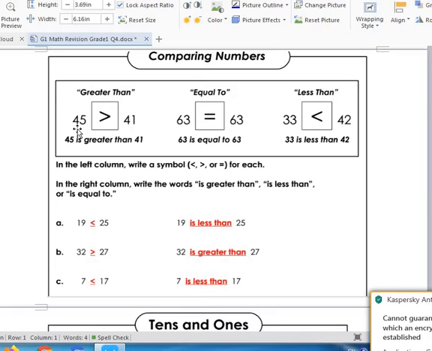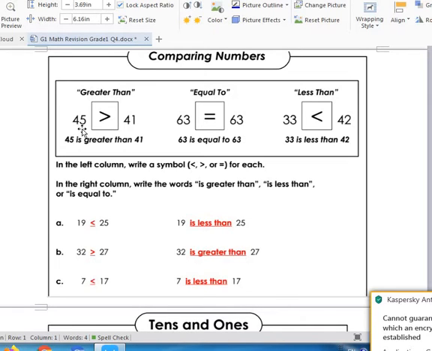I start with the tens, the digit that comes on your left hand. I start comparing numbers by the digit or place value on the left, because this is the greater place value.